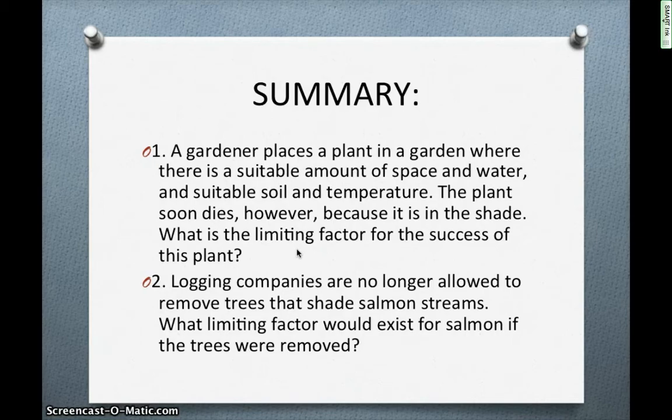So they are basically stopping the loggers from removing those trees. If they did remove all the trees, what would be the limiting factor that might kill the salmon or affect the temperature? So again, this is sunlight or temperature, because the fish population require a certain temperature to maintain that homeostasis, and if the salmon are not in a water that's shaded, they could potentially die as well.